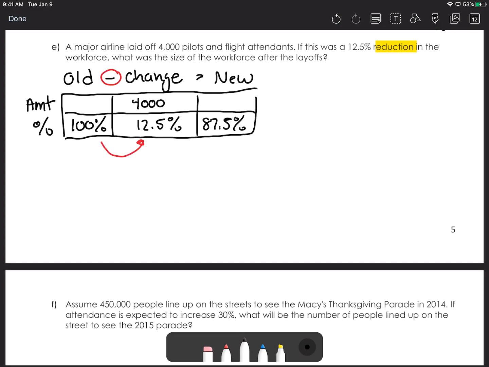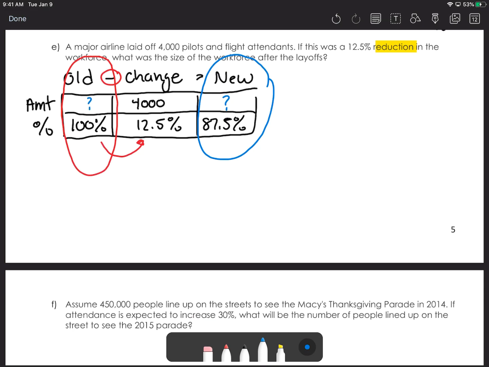Now this one's a little tricky because we always have to use the old value plus the column that we're looking for. The reason why this one's a little tricky is because if I use the new column right off the bat, since that's what we're looking for, I have two question marks.